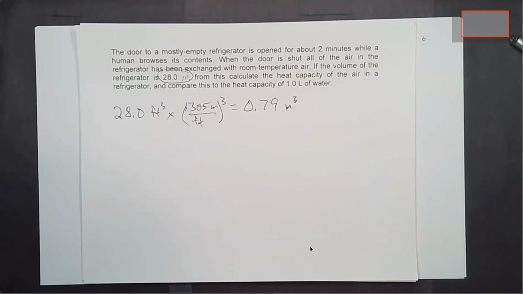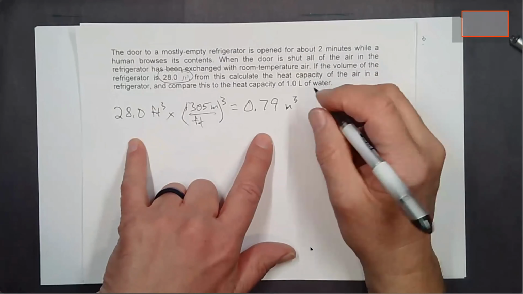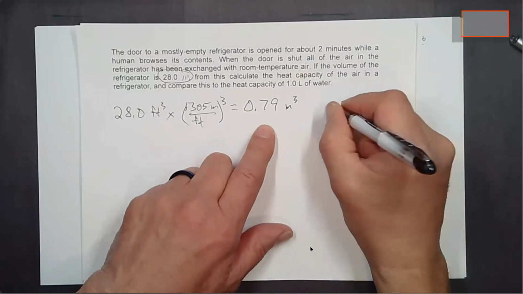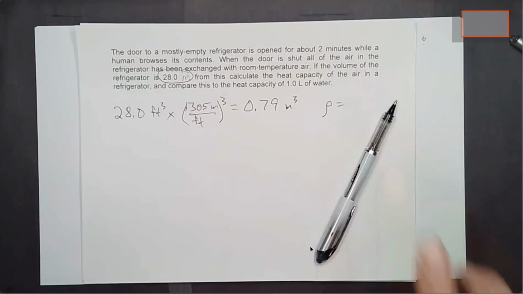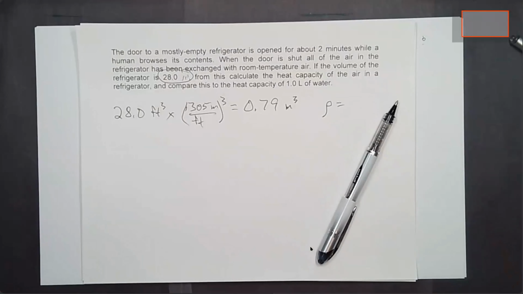Now, how are we going to figure out the density of air or the mass of the air in there? Well, that's the volume. The density of air is about, I don't know if we've got that in the front of the book or not.